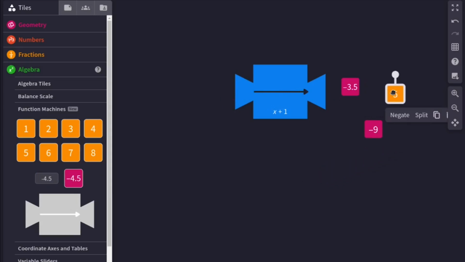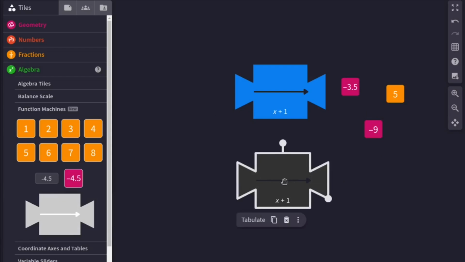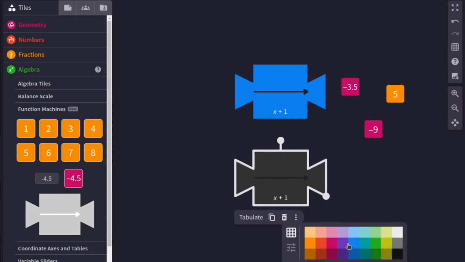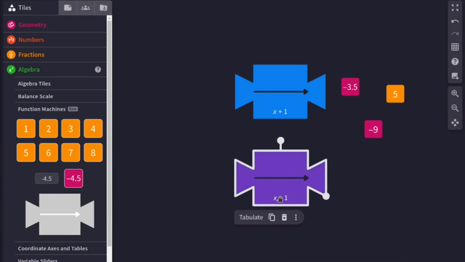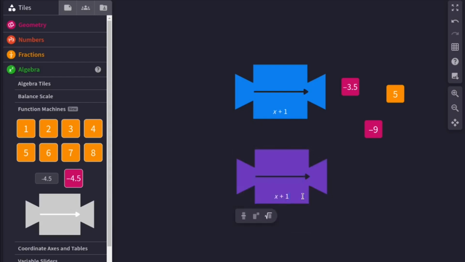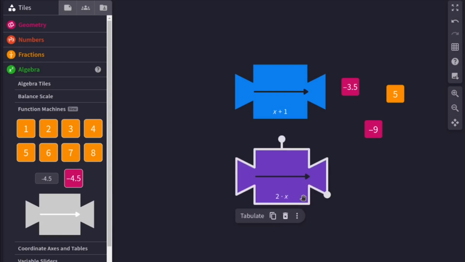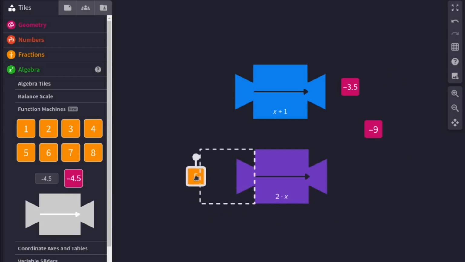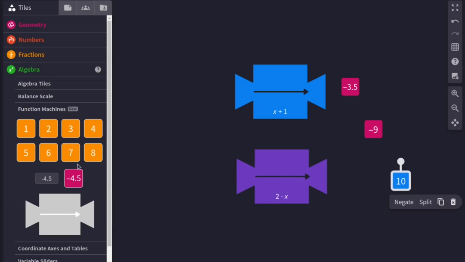I could do another function machine. Let me change the color there to purple, and I'm going to modify my function. So I'm going to change what my function's doing. Okay, so I'm going to do 2 times x, so multiply by 2, and maybe I'll use one of my outputs from here. 5 multiplied by 2 gives you an output of 10.